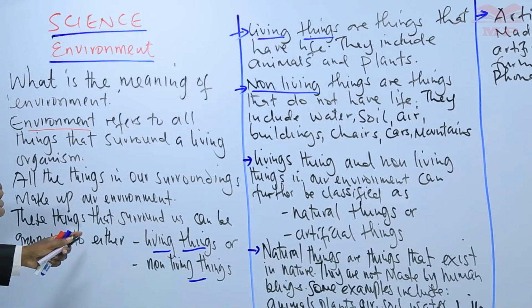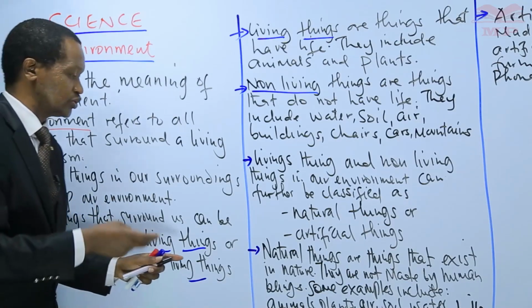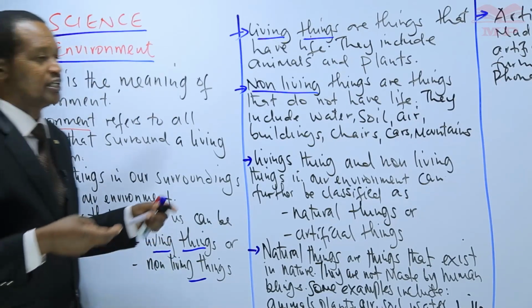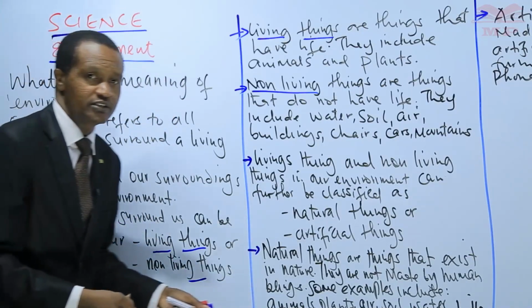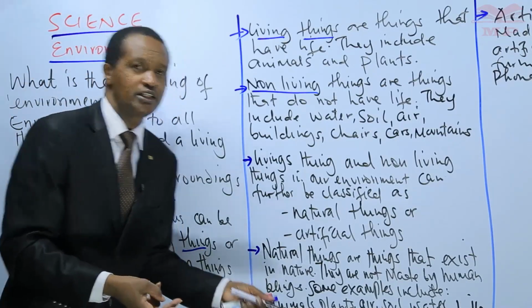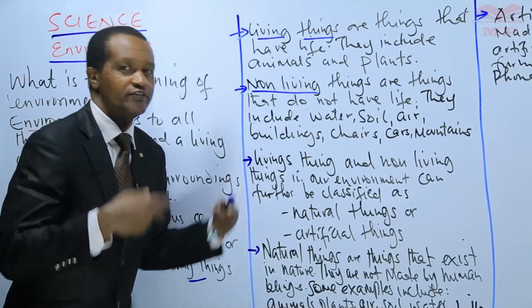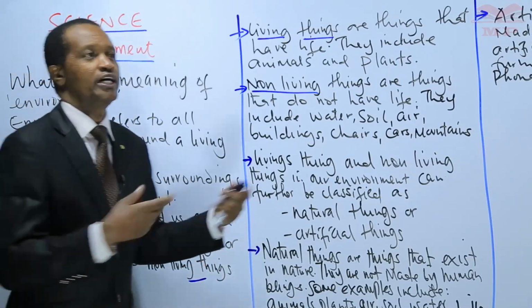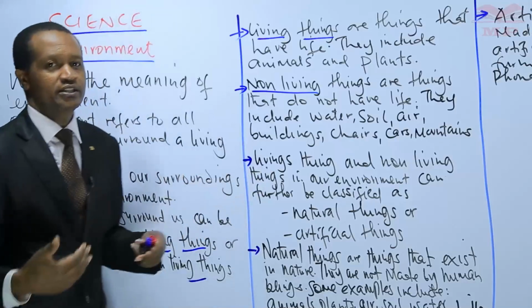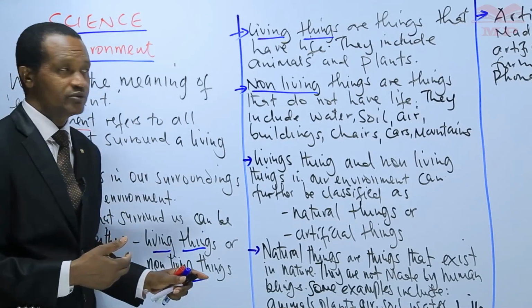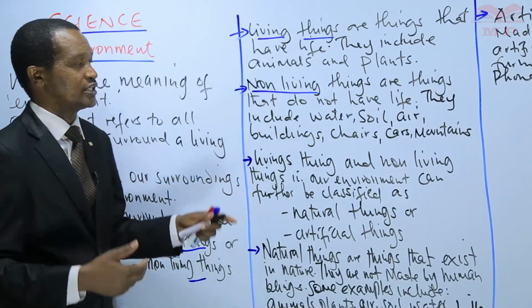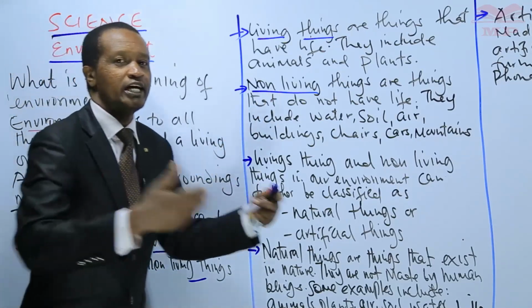These things that surround us, we said, can be grouped into two. They can either be living things or non-living things. We say that living things are things that have life, and they include animals and plants. Non-living things, on the other hand, are things that do not have life.